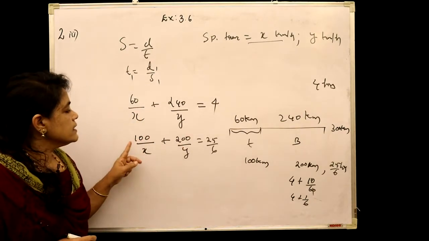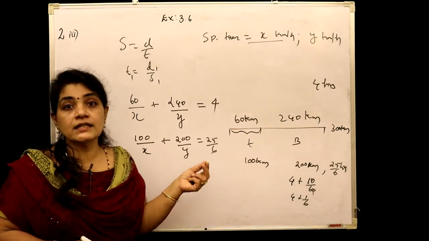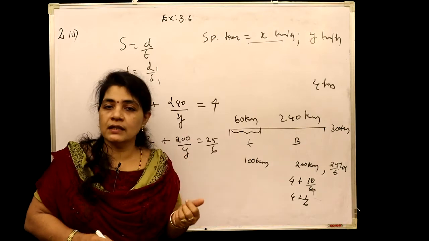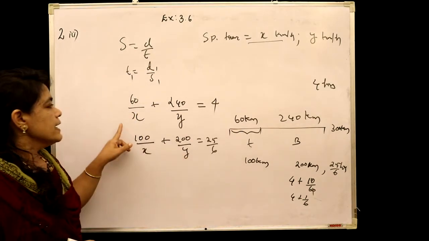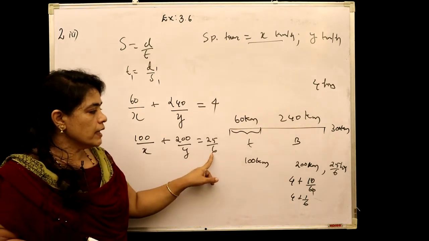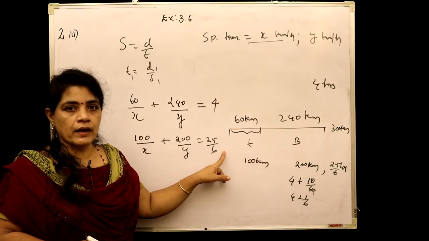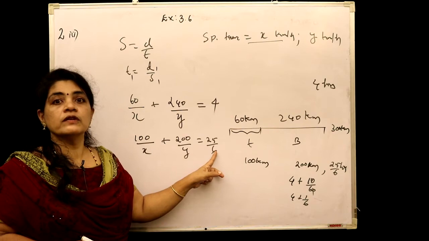See children, since here x and y come in the denominator, it is reducible form. So we have to reduce it and make it a pair of linear equations in two variables. Here see children, the denominator on the RHS is 6. So you have to multiply both LHS and RHS of the second equation with 6.